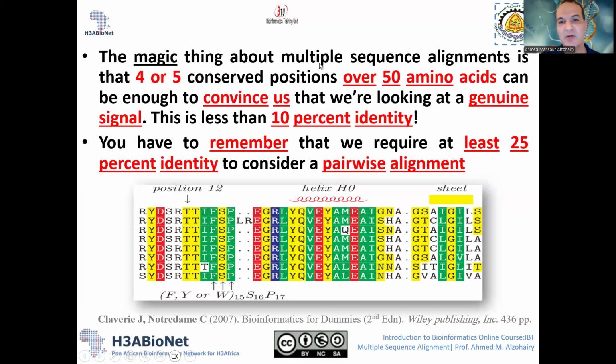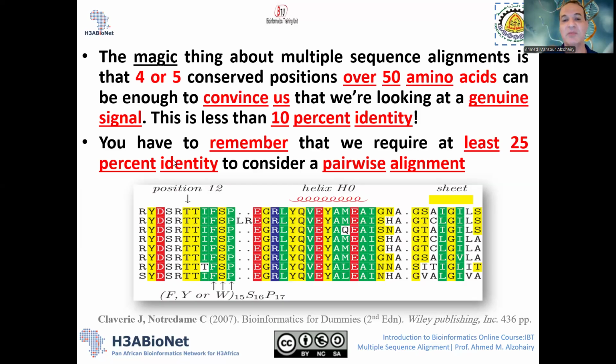The magic thing about multiple sequence alignment is that 4 or 5 conserved positions over 50 amino acids can be enough to convince us that we are looking at a genuine signal. This is less than 10% actually, but it is a good reason to understand that these symbols are very important for us to interpret our result.